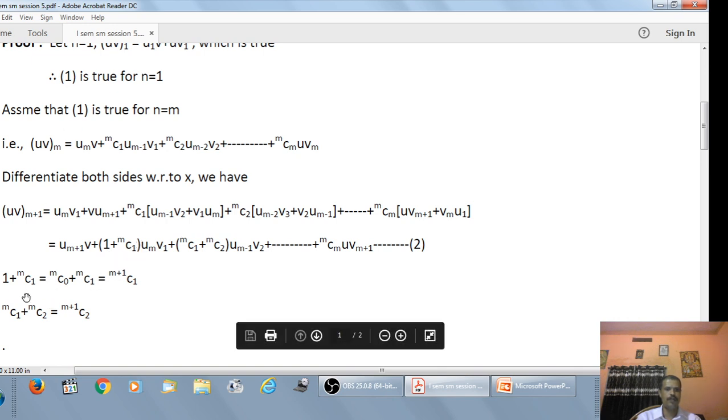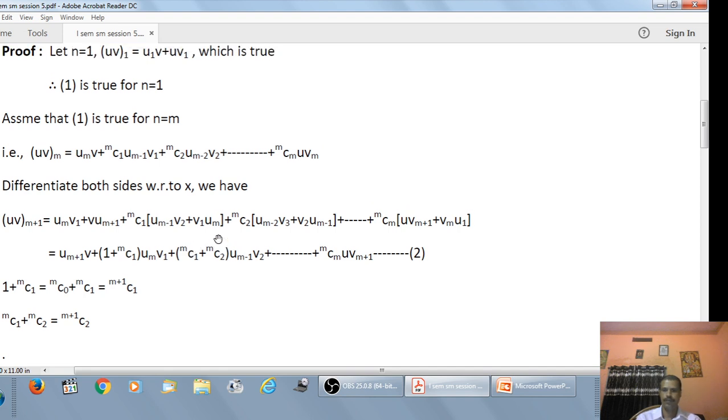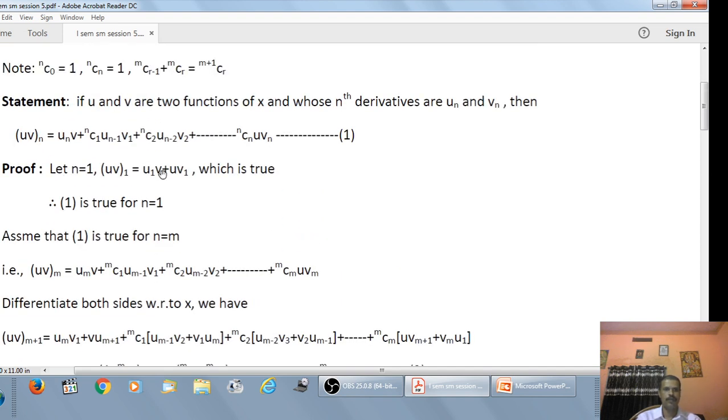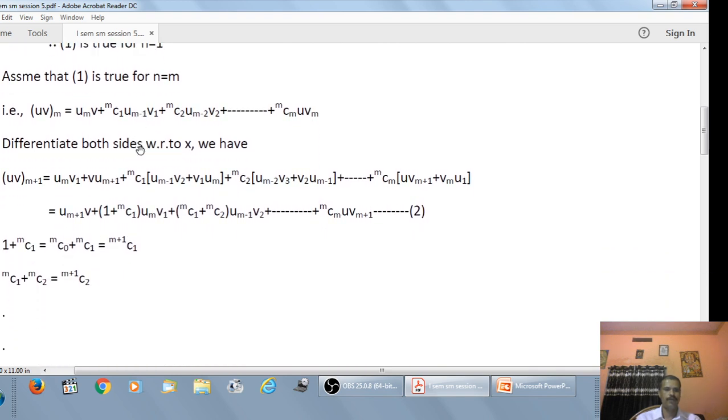Now in the first equation, when I replaced n by m plus 1, the combinations are in m plus 1. So I should convert these combinations where the superscript is m to the superscript m plus 1.